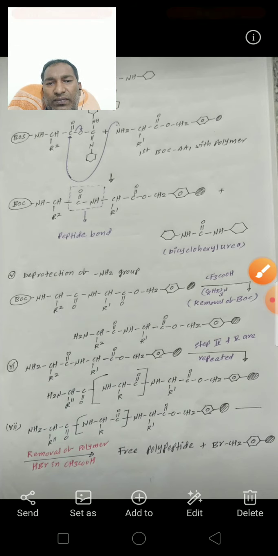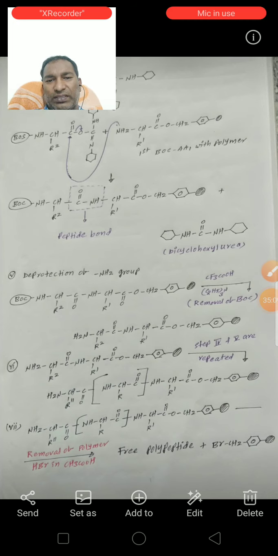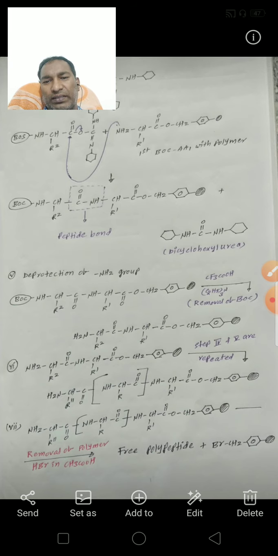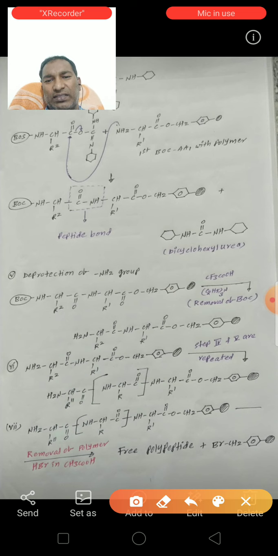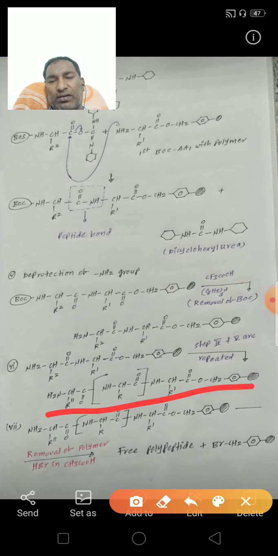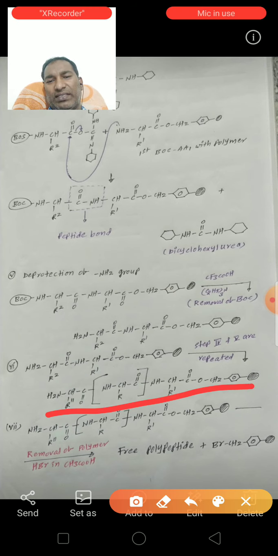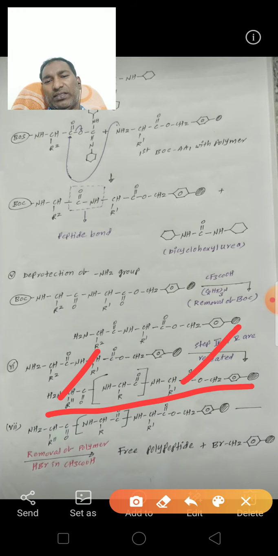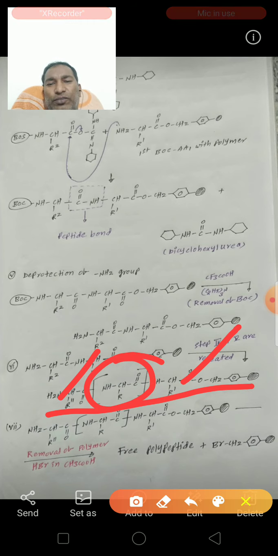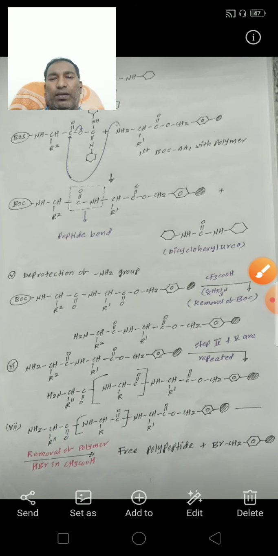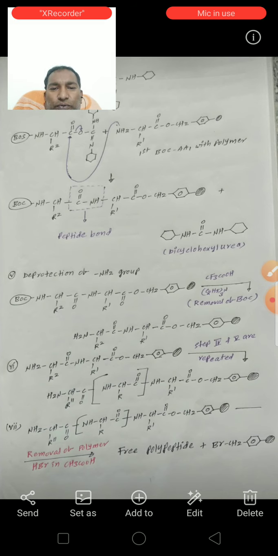Next, with this free NH2 group compound, steps 4 and 5 are repeated to form this compound, NH2 CHR C double bond O NHCHR CO NHCHR. This is the first amino acid, this is the second amino acid.